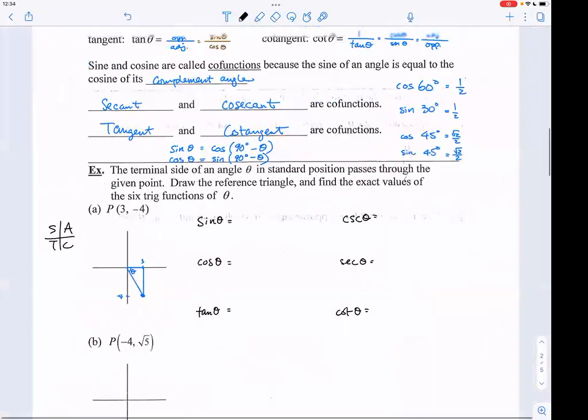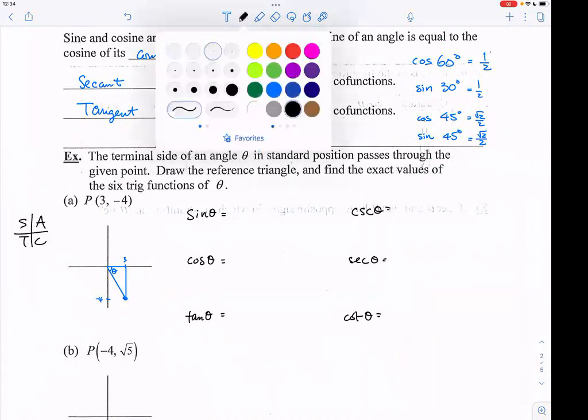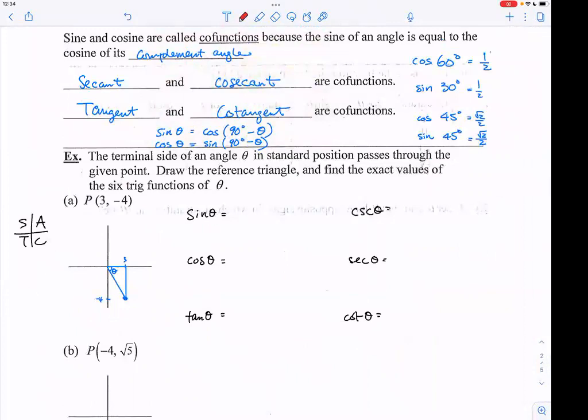Right. So now, if we know the angle is located in quadrant 4, what must be positive? Cosine and secant must be positive. So therefore, we can put down the minus onto the other 4 functions. And we also know that the negative comes from the -4.